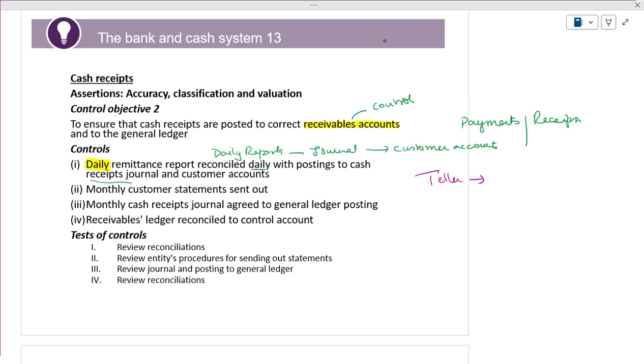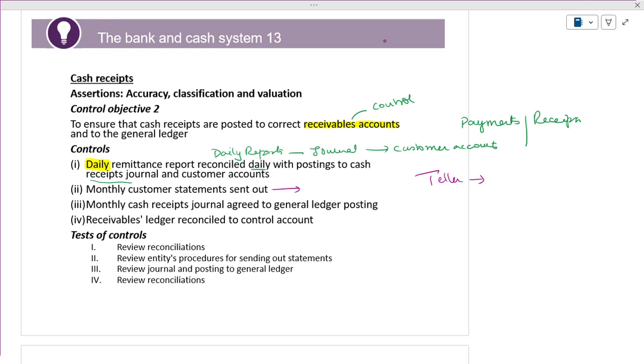The reconciliation has to be done by the end of the day. Wherever people are dealing with cash, they have to make sure there is a reconciliation. That is the reason that most of the time, especially with cash, the controls will be on a daily basis. Monthly customer statements should be sent to the customers to make a monthly reconciliation.